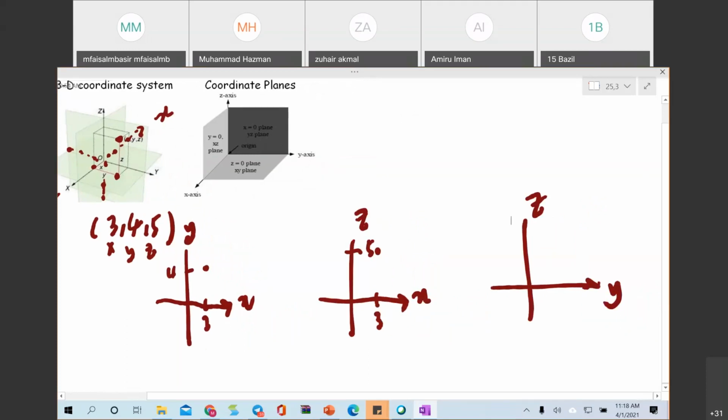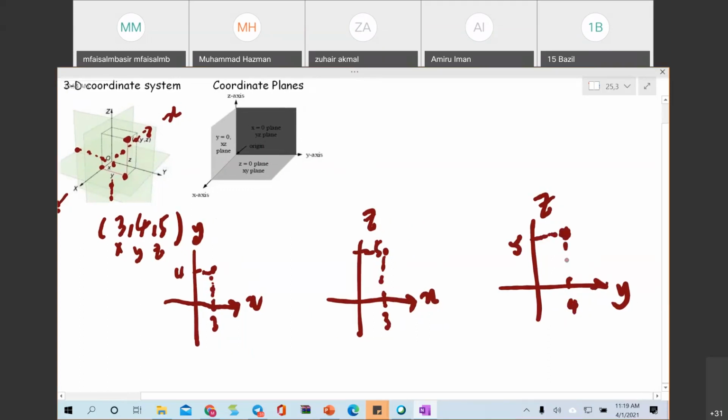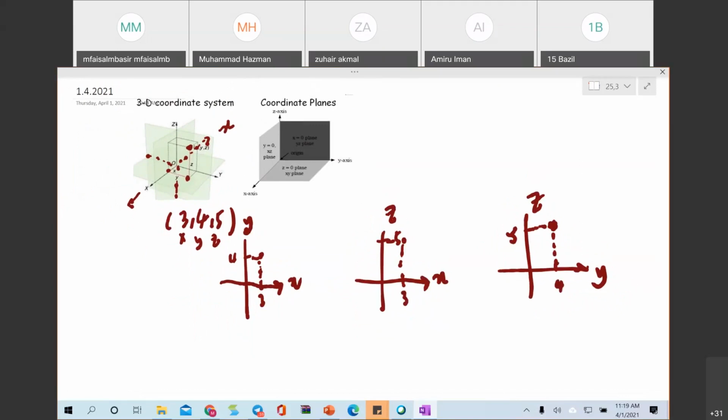Okay. So next will be the ZY plane, YZ plane. So your Y is 4, your Z is 5. This is the point. So the point will be here.